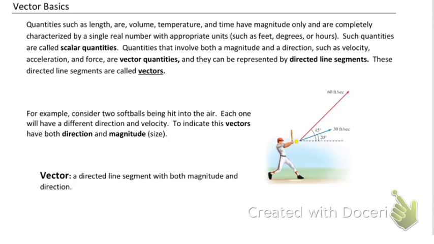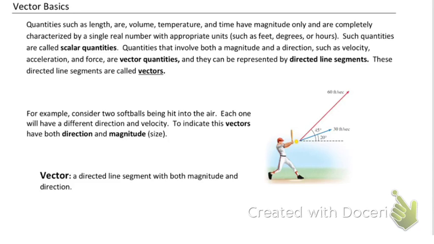For example, consider you're hitting two softballs into the air. The softballs are going to each have two different velocities and two different angles of trajectory. So that's why we have two different vectors and where they're hit. One is hit higher and one is hit straighter.